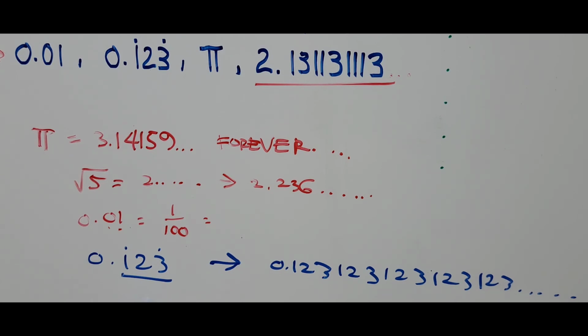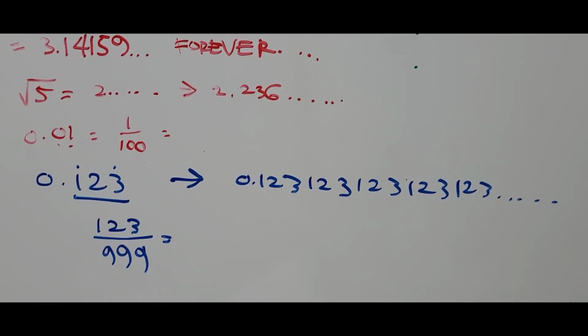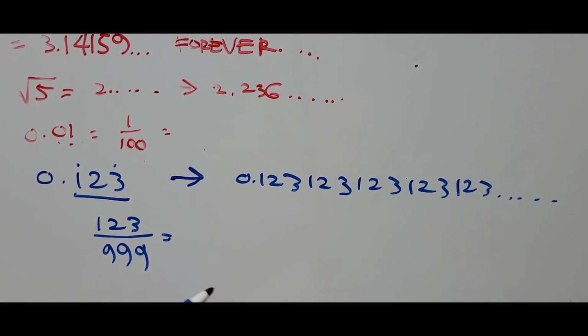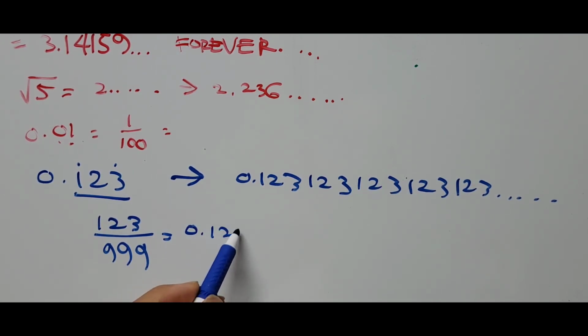That is equivalent to 123 divided by 999. If you use your calculator, it would show a repeating 123 on the decimal place. That's the same thing, so that is a rational number.